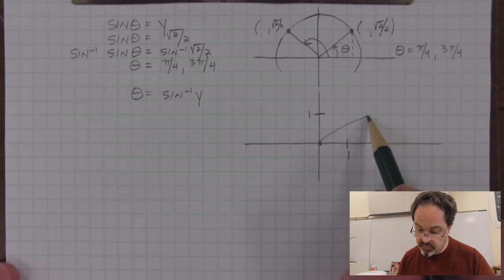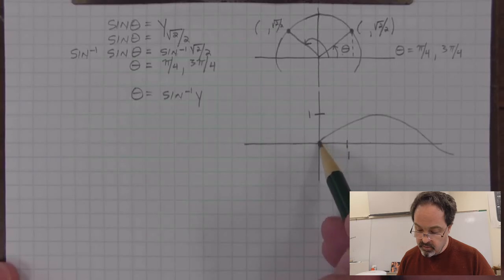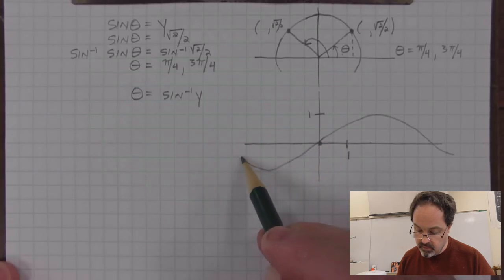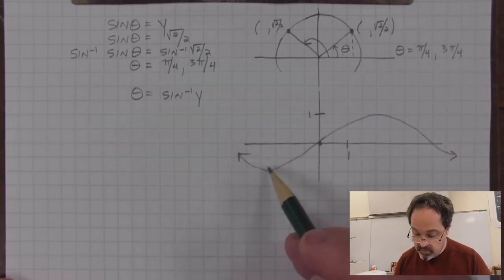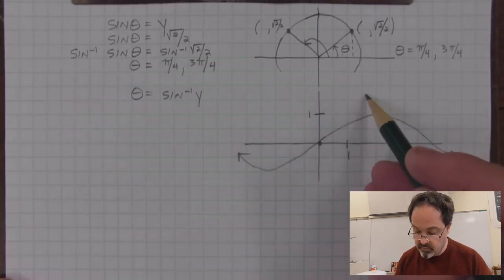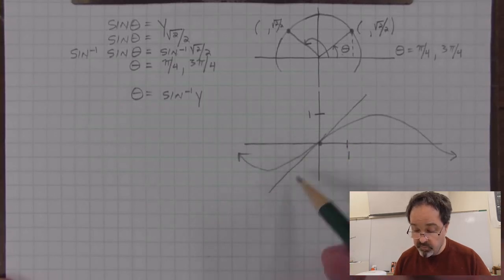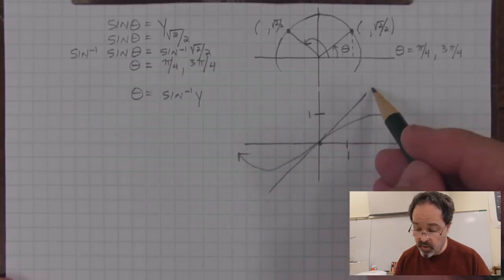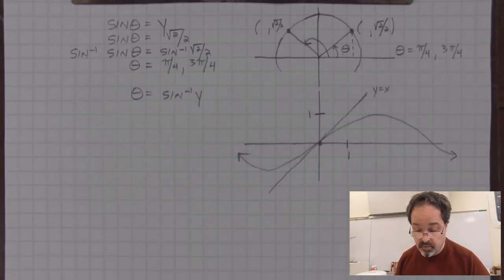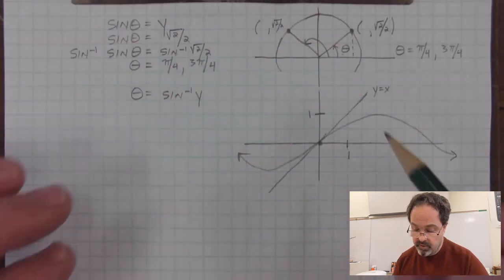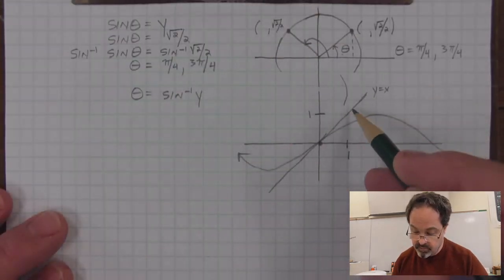So this is going to look stretched out a little bit. And finding the inverse of this sine wave graphically will be its reflection over the line y equals x, a line through the origin with a slope of 1. And if we can visualize reflecting, it's going to look approximately like this.